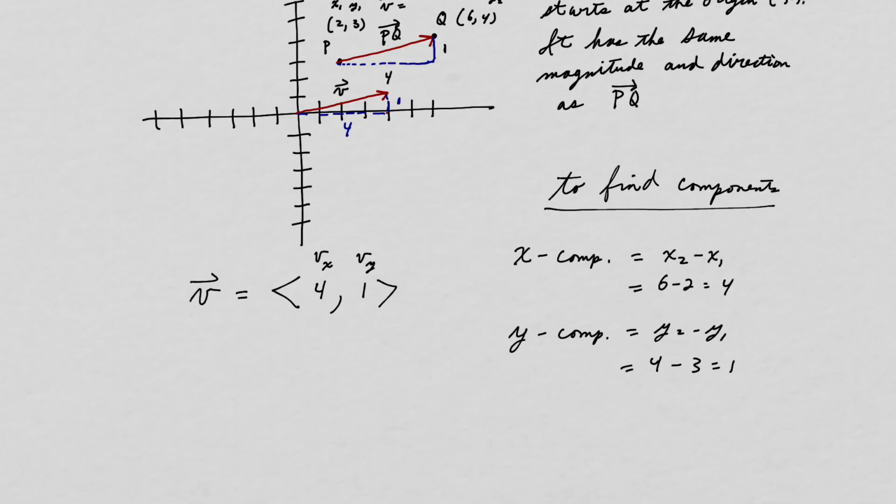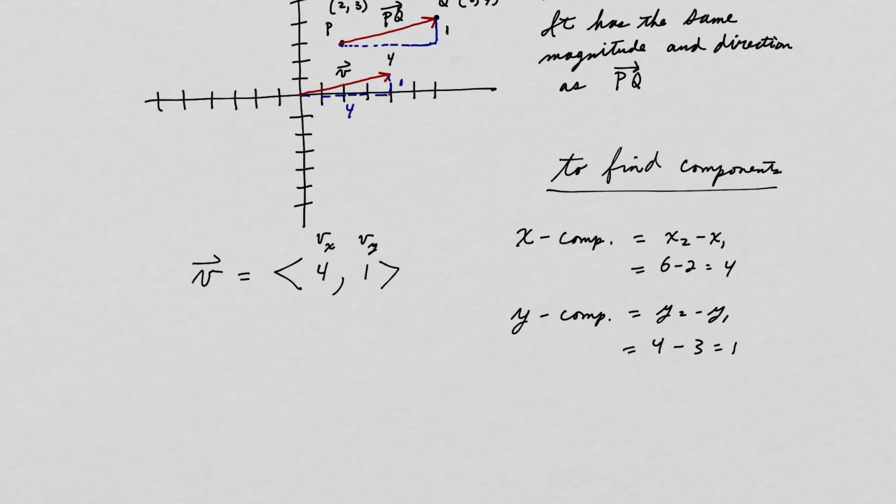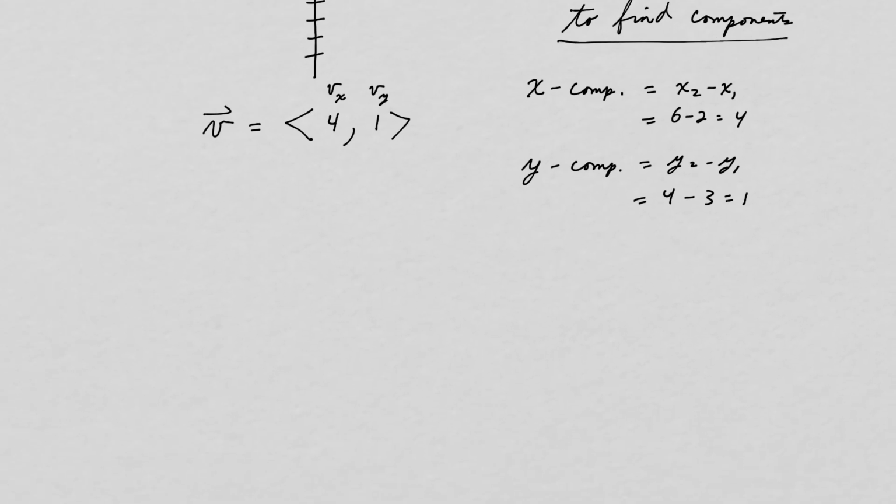All right, let me do one more drawing here to explain this a little more carefully. Make sure you understand what these components are. The components are basically projections of the vector onto the x and y axes. So if I have some vector, I'll just draw it in the second quadrant for this case. Let's say it's a position vector.